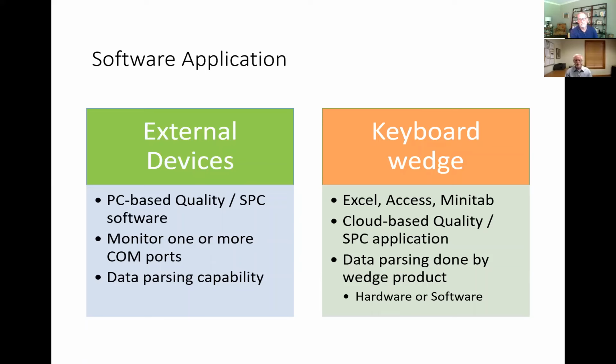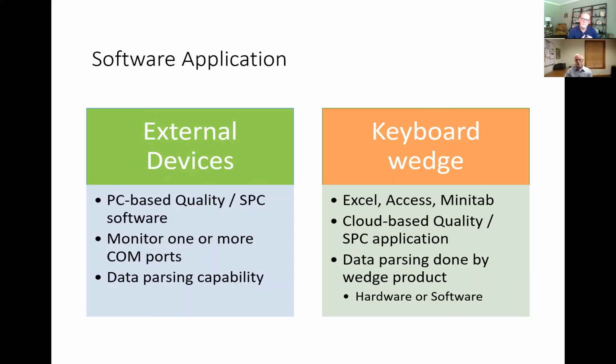It's also required for any cloud-based or web-based quality applications. The reason being is that a PC-based device can be told to monitor COM3, COM5, COM7 for data coming in, and it's given in this format. With a cloud-based application, we're talking about IP addresses, not COM ports. So there's no way for the software to look at COM3 on that particular computer, on that particular workstation, in that particular building.